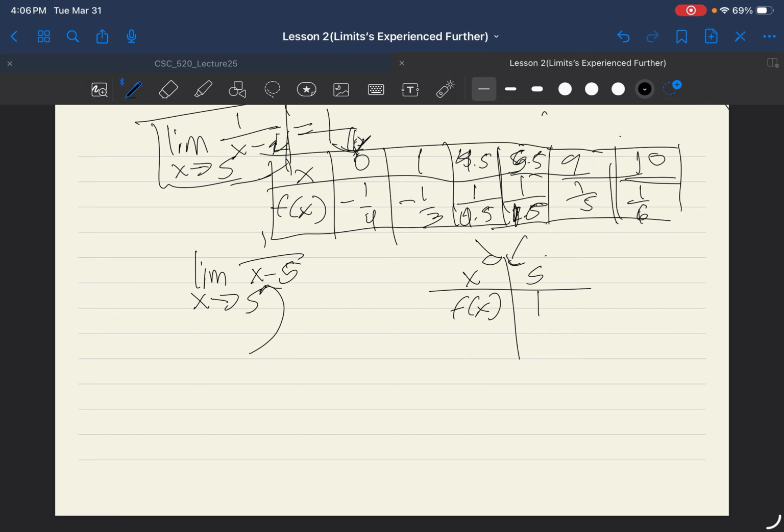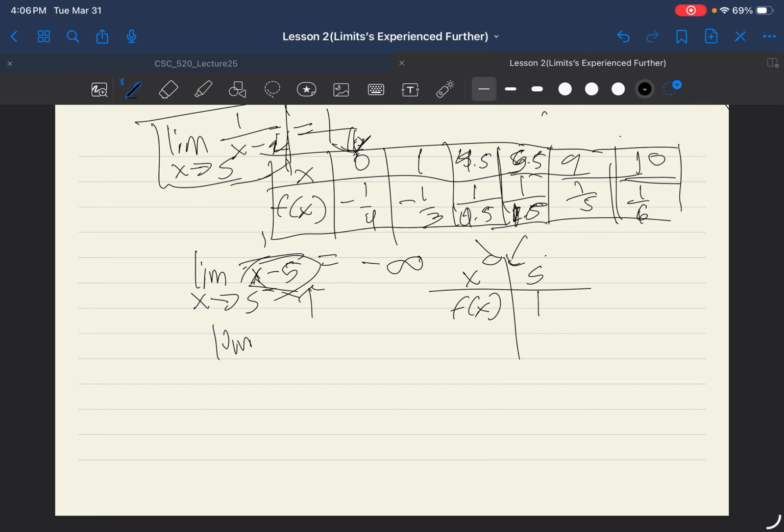As x approaches from the left, like 4.9999, this is obviously going to be a very large negative number, because the denominator is an infinitesimally small number.